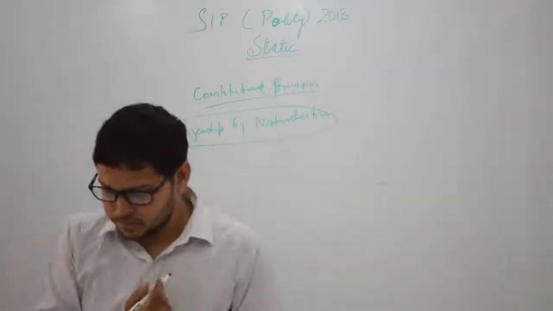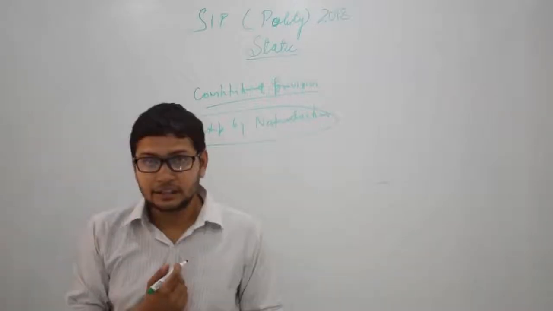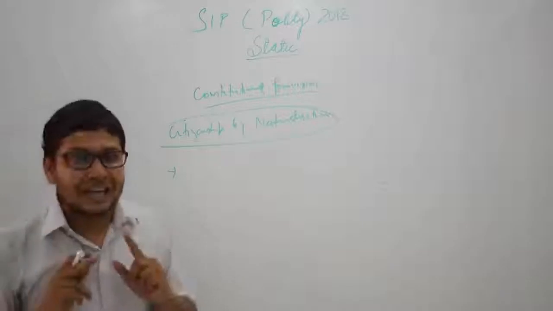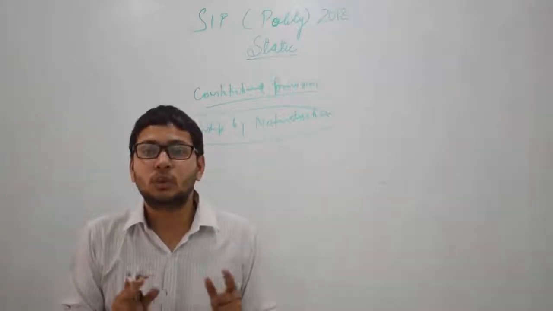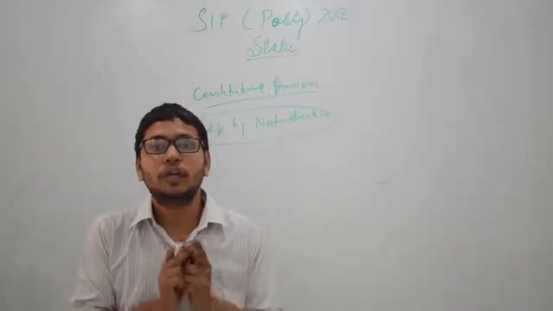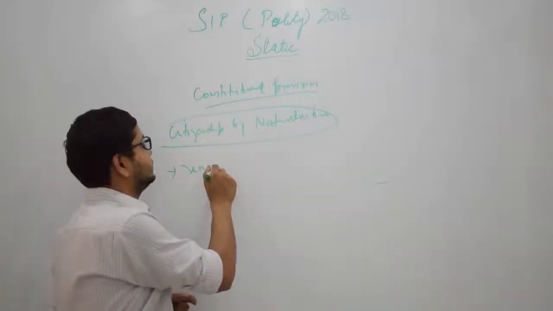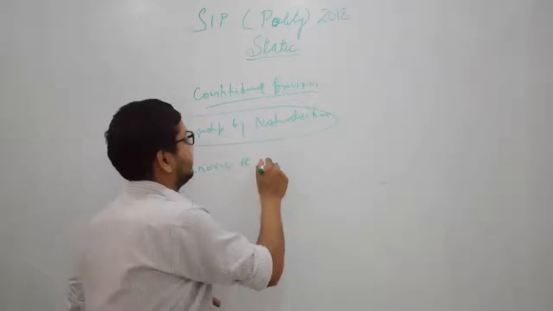Second criteria is that he has renounced the citizenship of the other country. We don't allow dual citizenship. We don't have the concept of dual citizenship. Therefore, he should renounce the citizenship of that country.